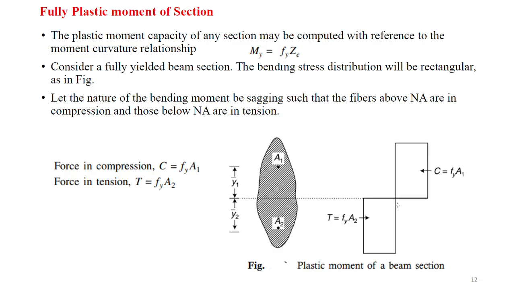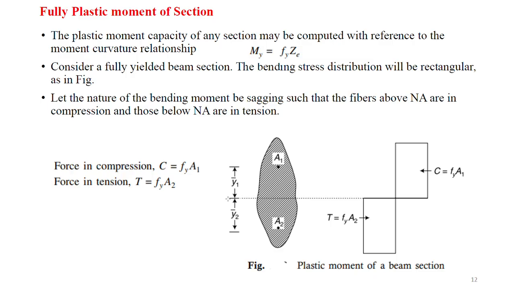Here in these plastic sections we classify the sections depending on their moment curvature equations, their plastic moment equation. In the plastic moment section, the point where the section changes its nature from tension to compression, we take as the equal area axis.